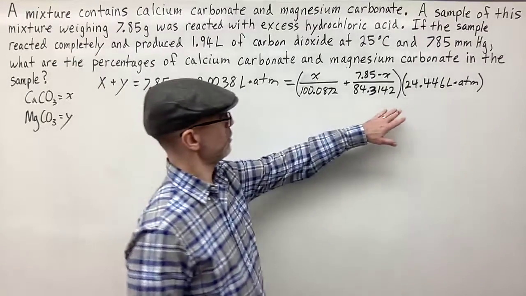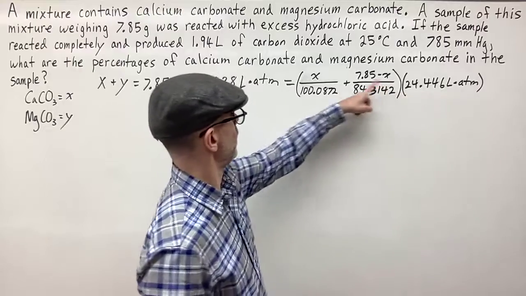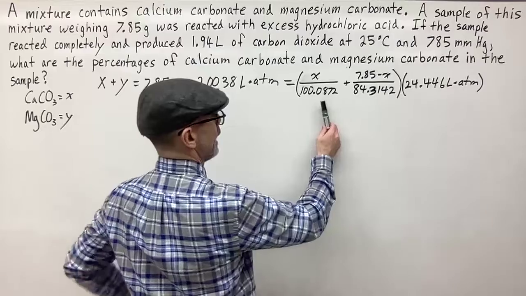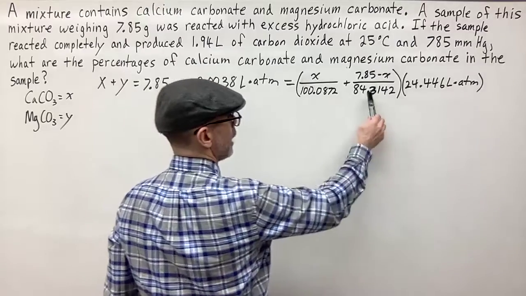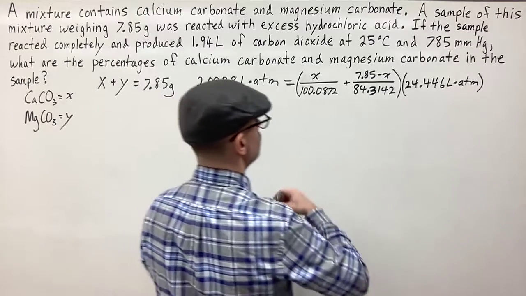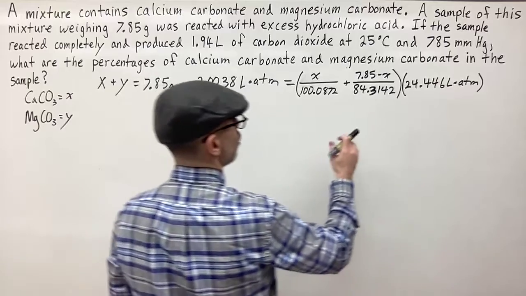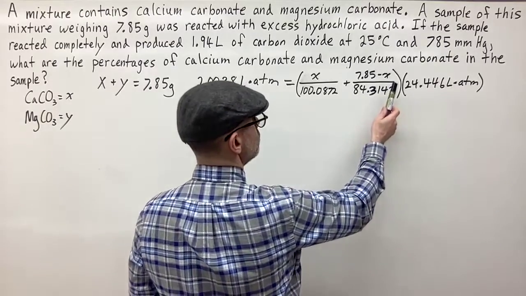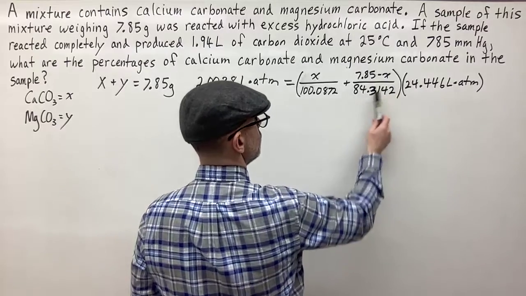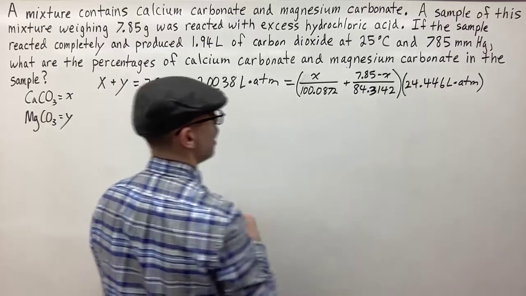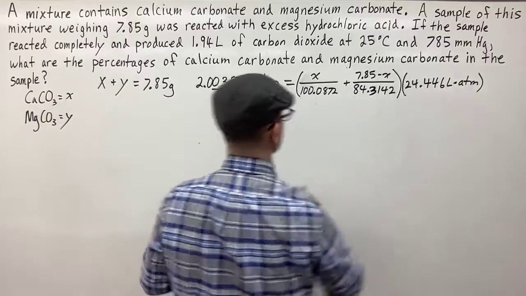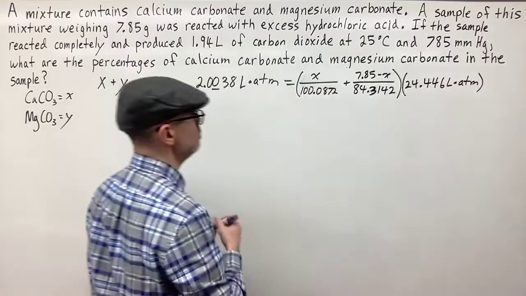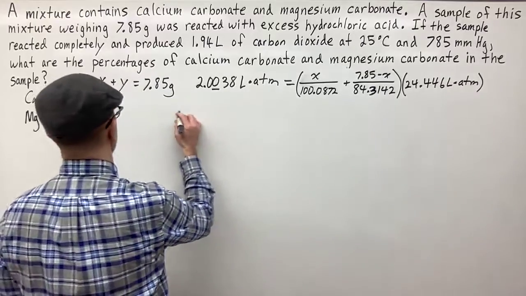And now the next step is to take this and multiply it through and then divide by what's on here. So I'll just multiply this. And when I multiply this through, I'll move this over here.